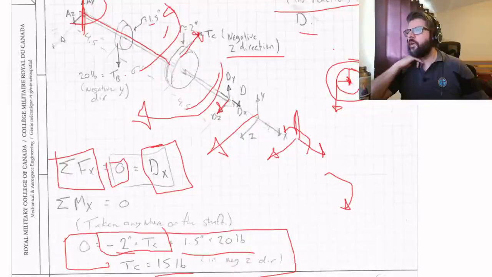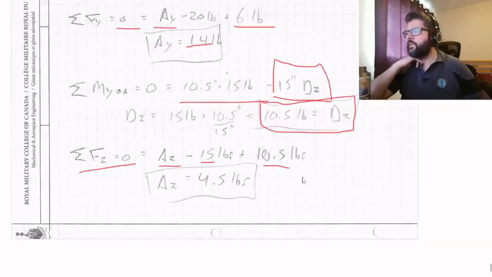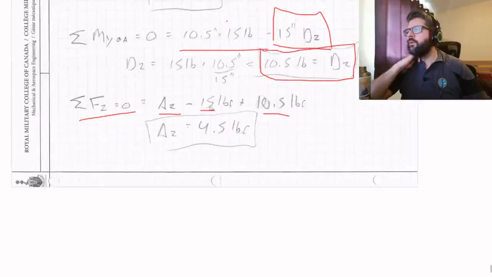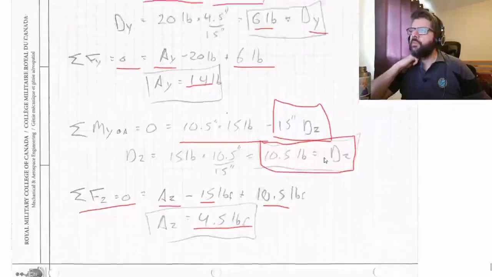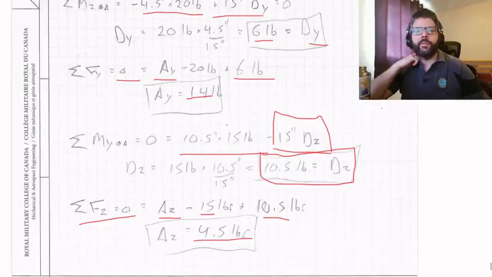So reaction at A, the negative force at T, and we also have the positive reaction at DZ, 10.5 pounds. So our AZ ends up being 4.5 pounds, and that's all we've been asked to solve for.